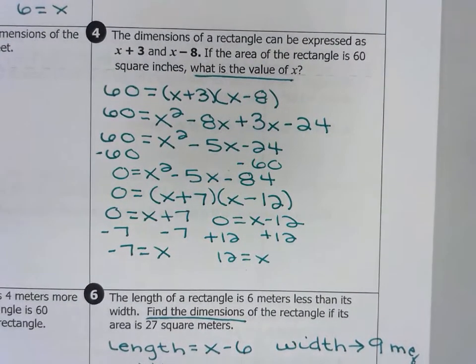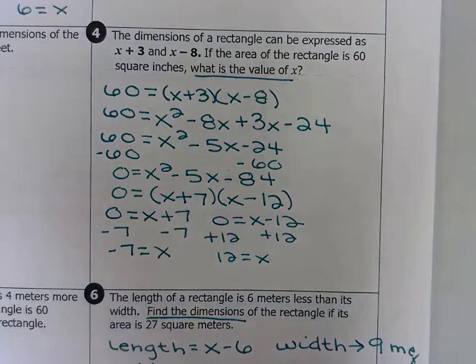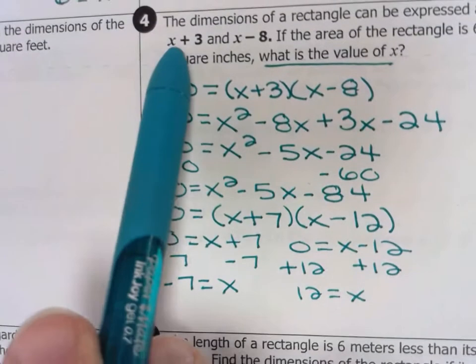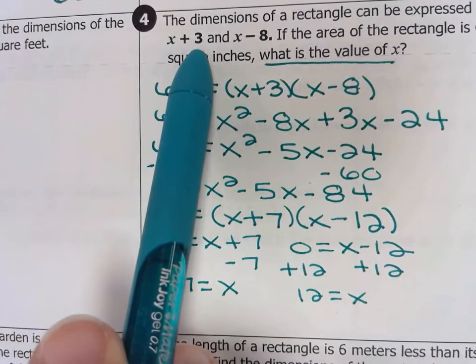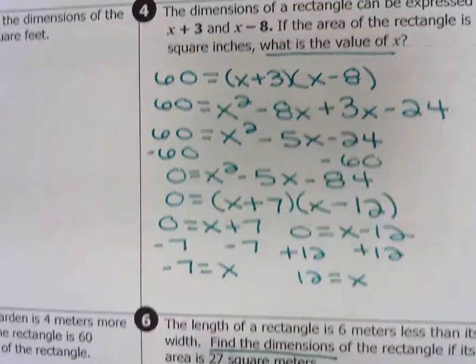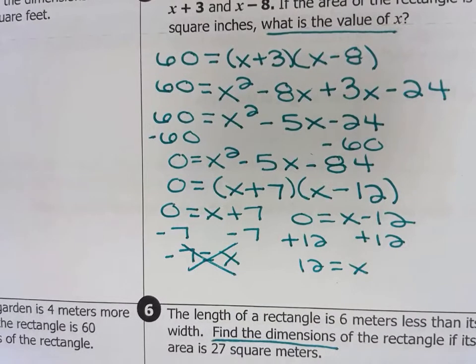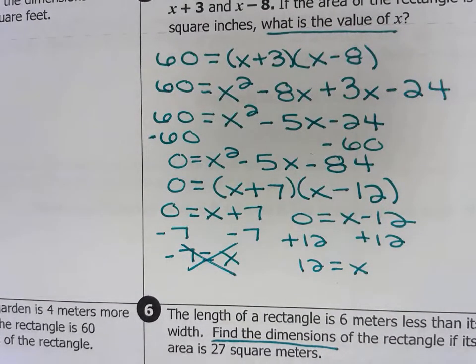So just because x is negative, so far it's okay because x by itself doesn't represent a side length. But if I plug it in real quick, when x is negative 7, it will give me a negative side length. So what's negative 7 plus 3? Negative 4. So it gives me a negative side length, so that doesn't work. So be careful, because unless x by itself represents a side length, you have to plug it in to check: will a negative x value give me a negative side length?